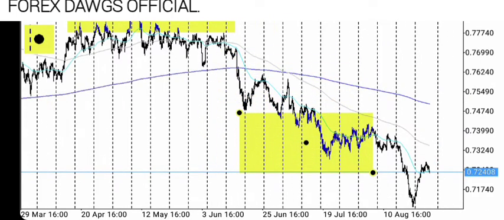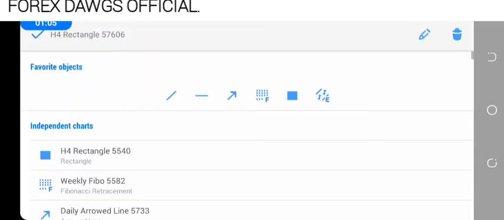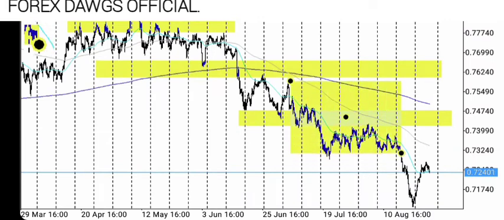So I will mark out my zone using this color. We had this point here, which was a pullback to the MA50, which is our H4 EMA 50, which was testing the neck of the peak formation high. Then we had this other drop right here, which created this zone.